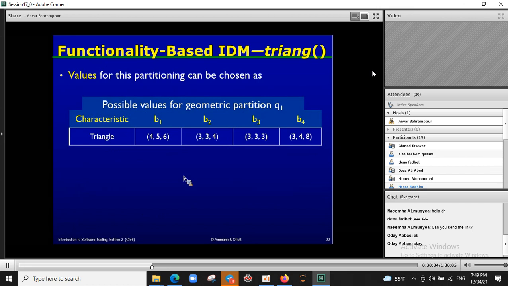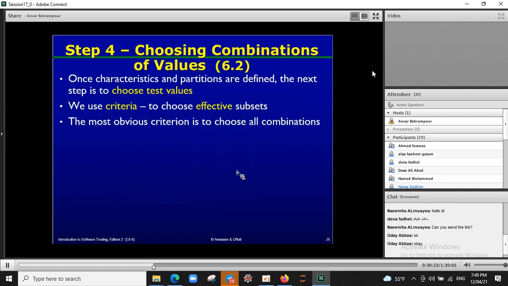It's too many tests for this simple program. As you know, in this approach, we just test the program by 4 test cases instead of 64 test cases. The 64 test cases is a very large value.